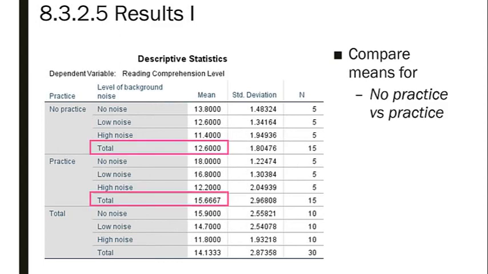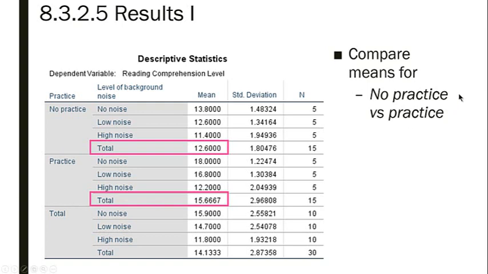And let's compare means for practice versus no practice. And when I say practice versus no practice, I mean I don't care whether participants had high, low, or no background noise. If they had no practice, what's the mean score? Or if they did practice, what's the mean score? And that's what we get from these total lines. Right?